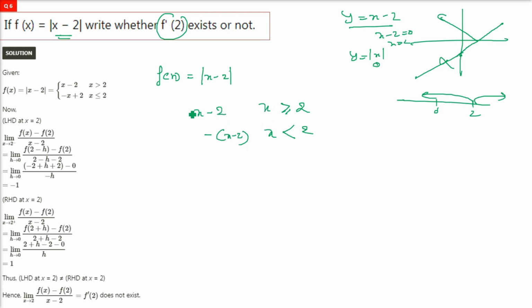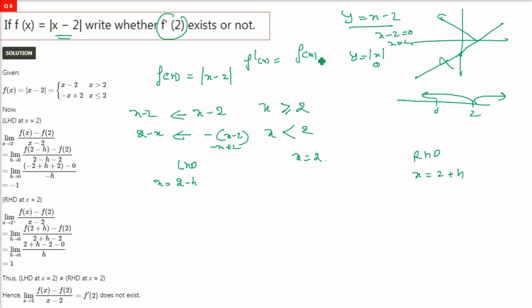In order to find out whether f dash exists or not, let us use the classical left hand derivative and right hand derivative. For the left hand derivative, I'll change minus x minus 2 to 2 minus x. So x equals 2 minus h on the left, x equals 2 plus h on the right. f dash is equal to f(x) minus f(c) by x minus c.